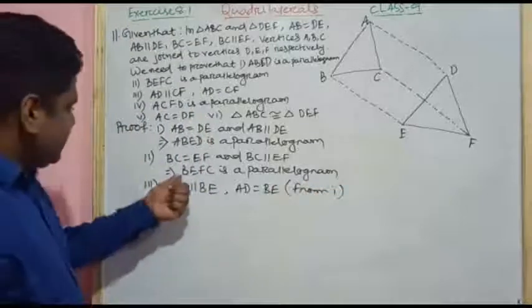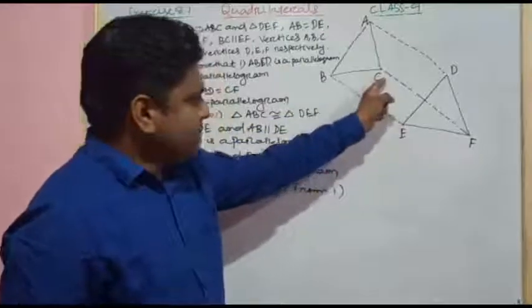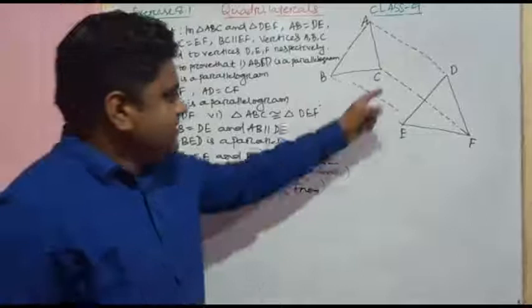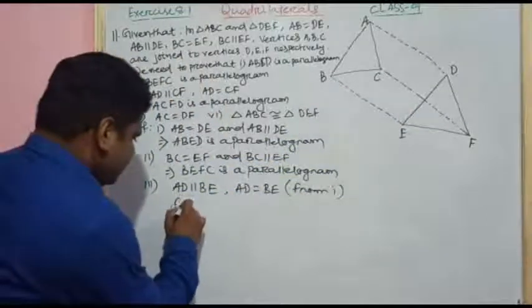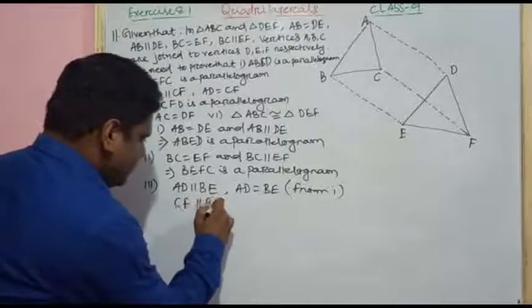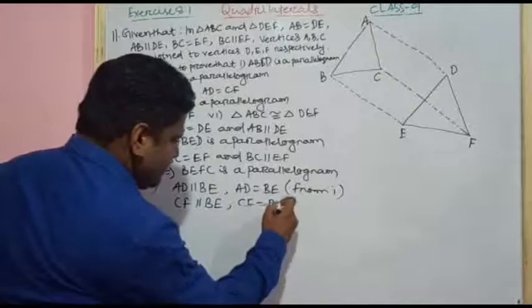From second bit, BEFC is a parallelogram, so we can write CF is parallel to BE and CF is equal to BE.